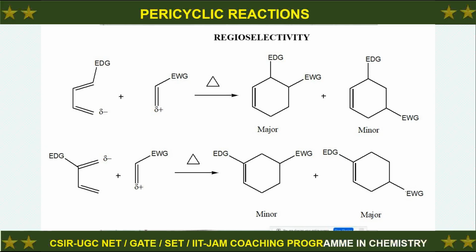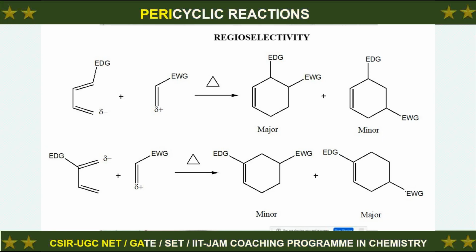So, okay, this is a terminal substitution case. If the second carbon or third carbon is having a substitution, now this terminal is a bigger molecular orbital having a negative charge because of the electron donating nature of the substituent. But there is no difference in the dienophile because the electron withdrawing group is there. This carbon only is having a slight plus charge, not a plus charge, a slight plus charge.